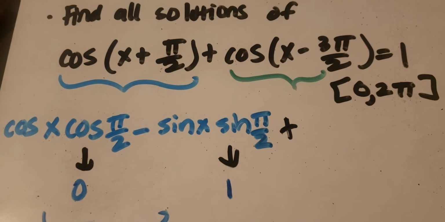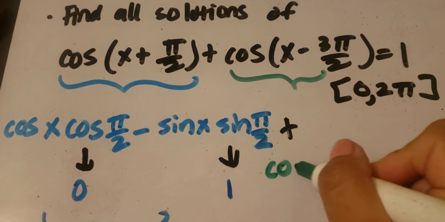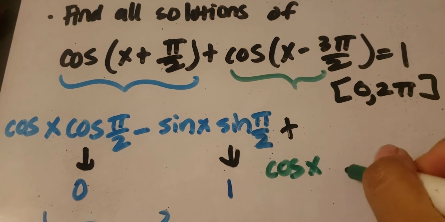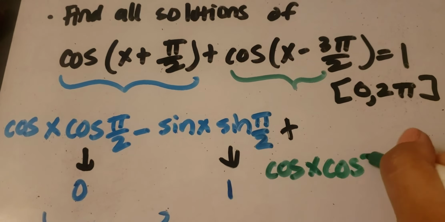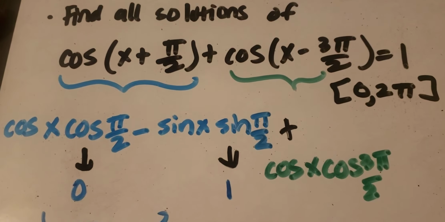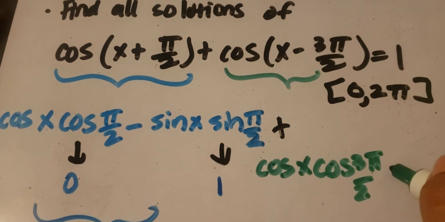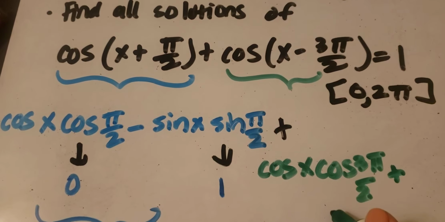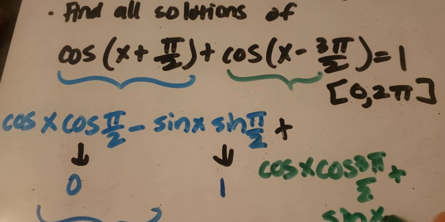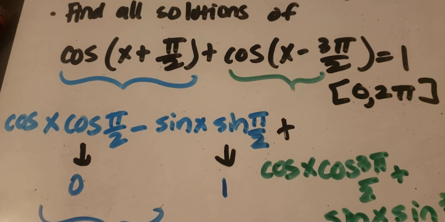So we should have cosine of x times cosine of 3 pi over 2, and for the difference, we should have a plus, and then sine of x times sine of 3 pi over 2.